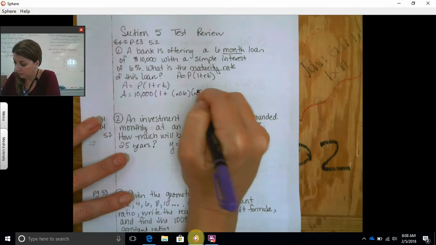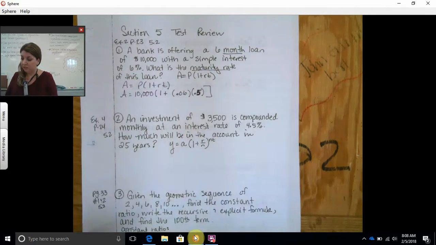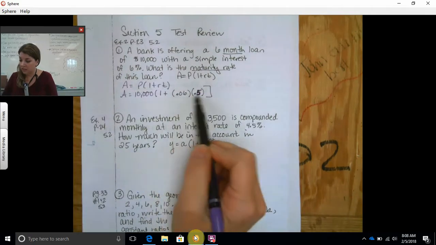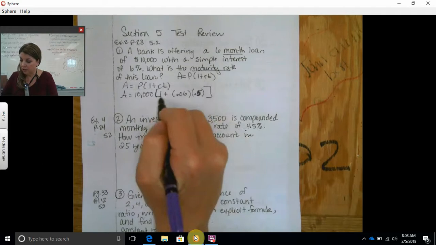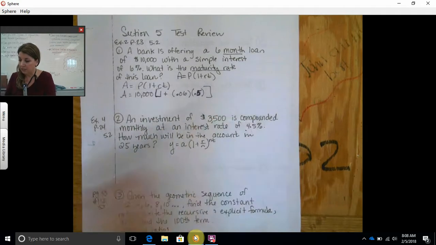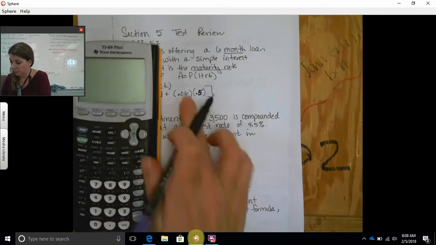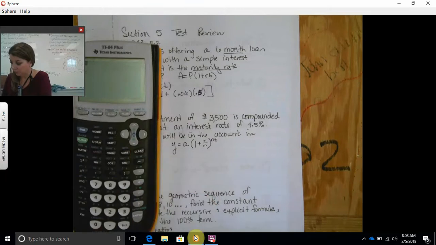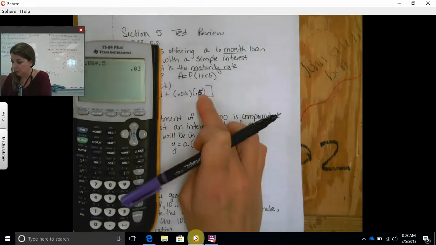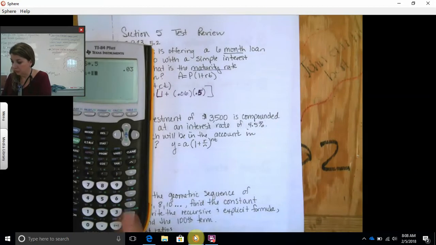0.5. Now, make sure to be careful of your order of operations. Inside these brackets, you have addition and multiplication. So make sure you simplify that in order correctly. 0.06 times 0.5 is 0.003, and then I'm going to go ahead and add that 1 to it.